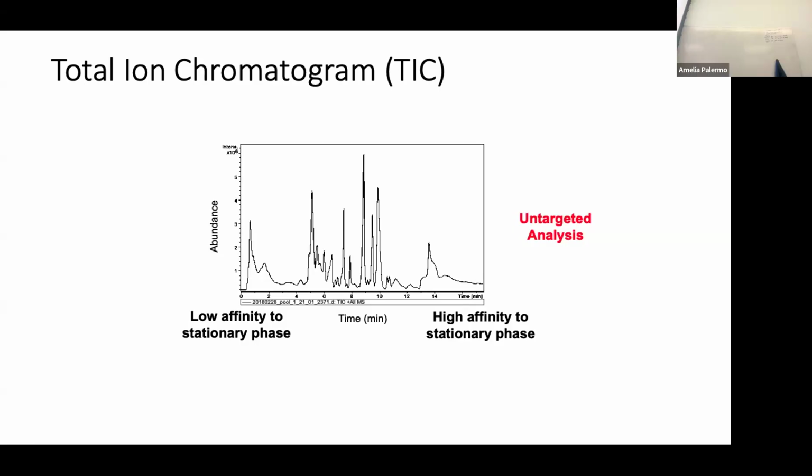This is low affinity to the stationary phase. It's either not retained, or has very low affinity. The more you move towards this direction, the higher the affinity to the stationary phase, right? So here you find things that are very well retained. Sometimes you see here things, for instance lipids, that attach to the column very tightly, and they might not even be completely flushed out. They might be accumulating in your column.